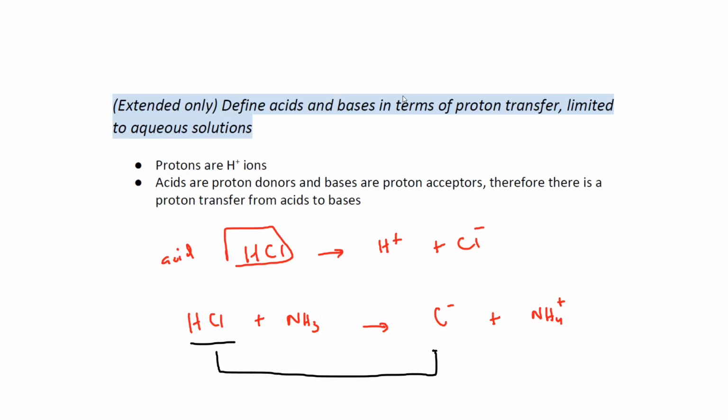Because HCl turns into Cl, it donates a proton, so we call this an acid. So acids are proton donors, and what are bases? Bases are proton acceptors.